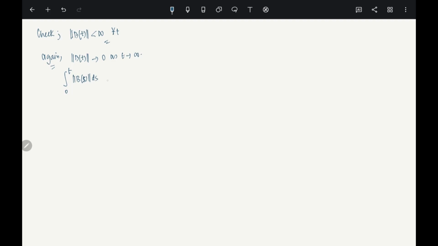See, what is it? It is the integral from 0 to t of 2a by (as plus b) ds, right? Now if you calculate this thing, please check this part. It is nothing but the log of ((at plus b) by b) squared. As t tends to infinity, you do realize this is going to infinity, right?